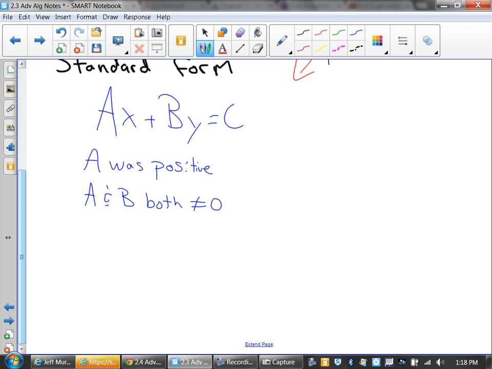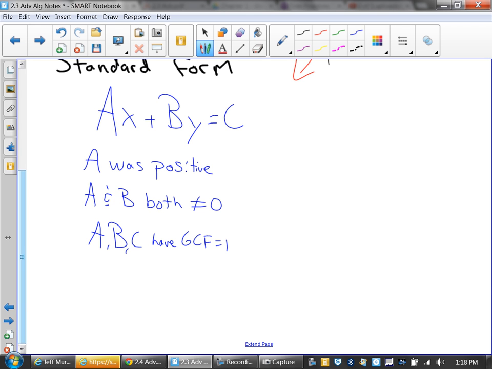That means A could be 0, B could be 0, but both of them can't be 0. And the other main one was that A, B, and C all had a GCF of 1. That would be very simple to do if A was 2, B was 6, and C was 12. You just divide everything by 2 to simplify it out. So standard form was something like that.